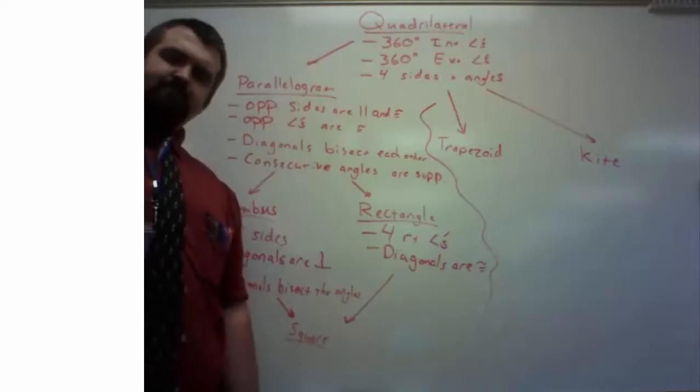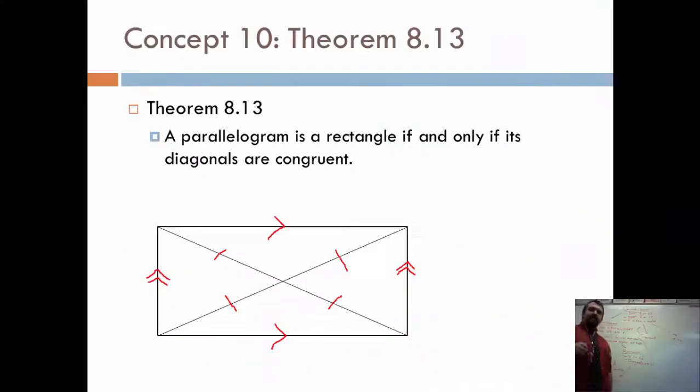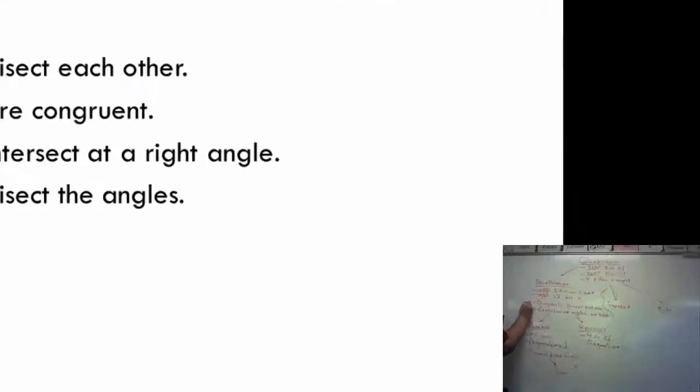Now, getting back to the section we're at, let's do a few examples using the diagonals. So, name each quadrilateral, parallelogram, rhombus, rectangle, and square for which the statement is true. Diagonals bisect each other. Let's look here. For number one, diagonals bisect each other. It's right here.